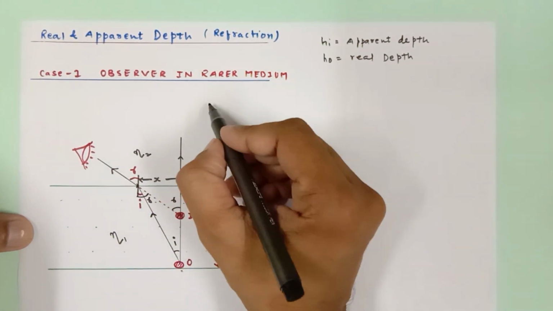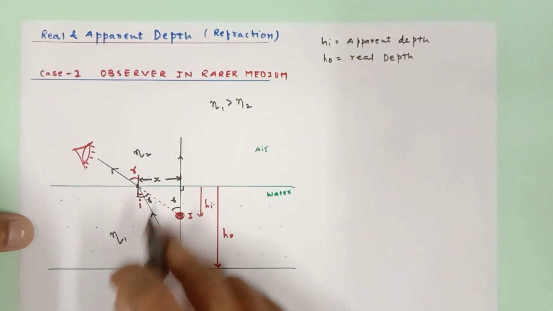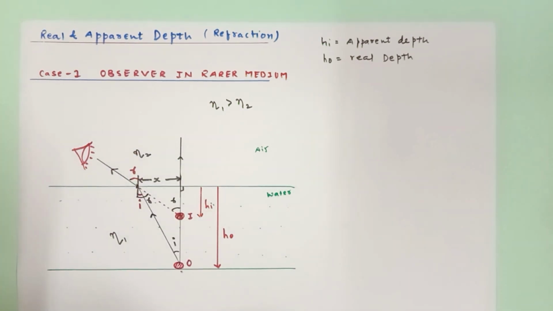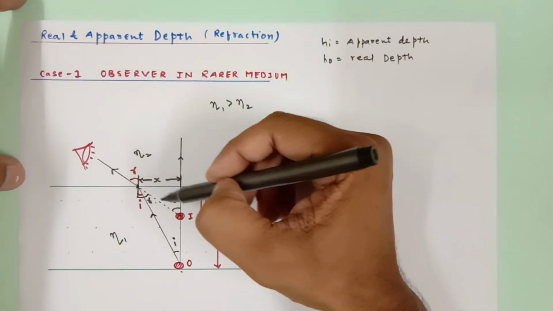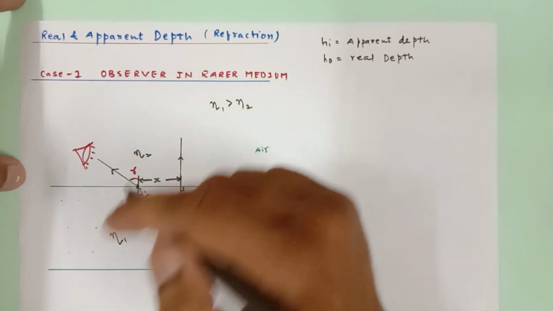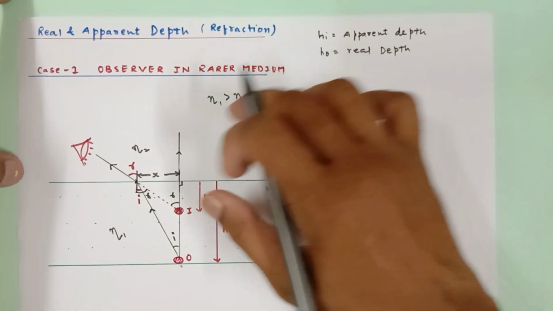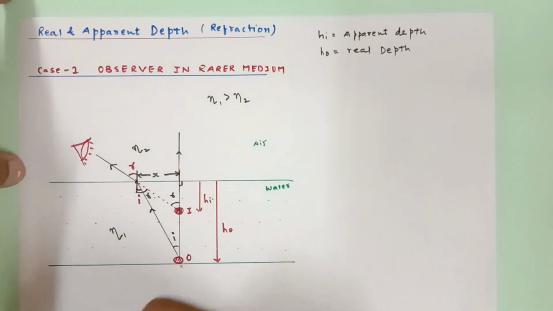And here we know that eta 1 is greater than eta 2 because this is the denser medium and this is the rarer medium. The optical density of this is more than the optical density of this. Now let me take two triangles, this triangle and this bigger triangle. These two triangles will be helpful for obtaining the relationship between HI, HO, and eta 1 and eta 2.